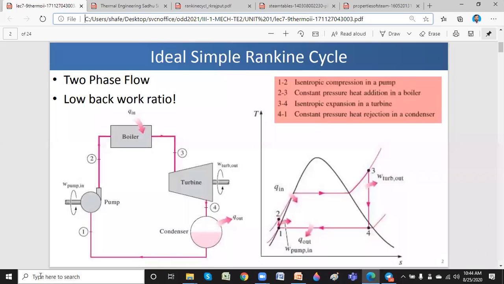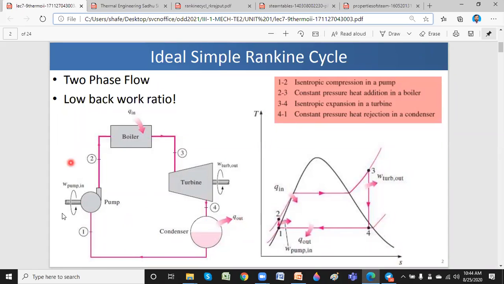The heat is given to the cool water which goes to the cooling tower. So that is the heat output. From 4 to 1 is nothing but your heat output.